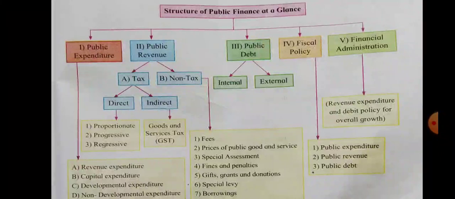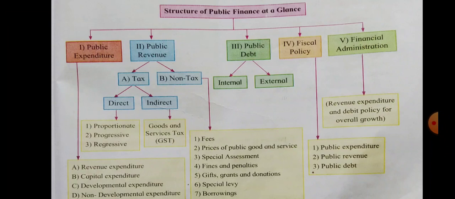Now public revenue is classified into two: tax and non-tax revenue. Taxes are divided into two: direct taxes and indirect taxes. There are three types of direct taxes: number one, proportionate taxation, number two, progressive taxation, and number three, regressive taxation. As for indirect taxes, there is only one tax in India, that is the Goods and Services Tax, GST.